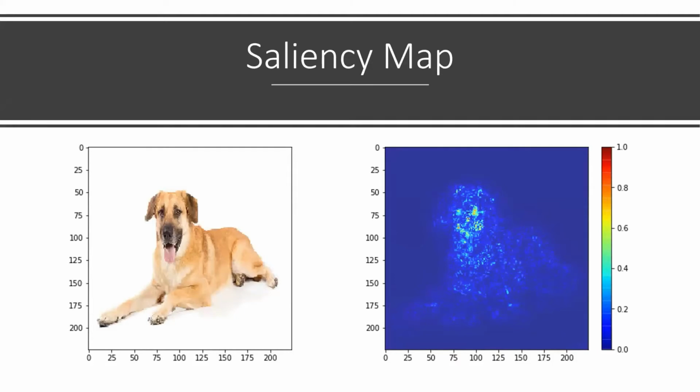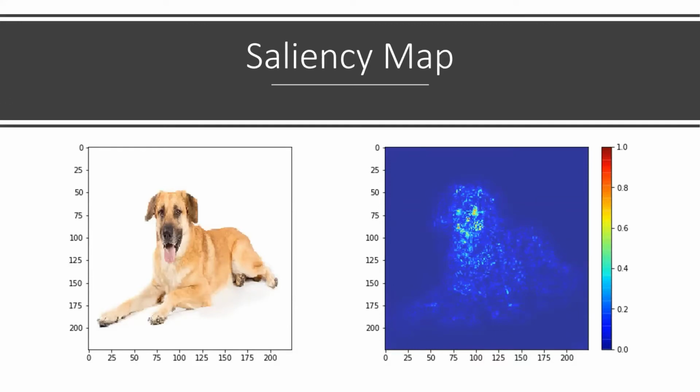The saliency map will try to connect between the input image and the output image. For example, let's consider this example. My input image is a dog and my final prediction is also dog. Then the reason behind the final prediction is shown in the right hand side diagram. The set of pixels which contributed to the final prediction are shown here.